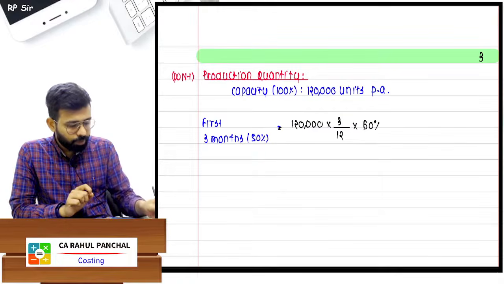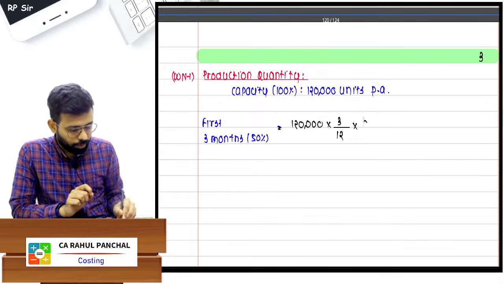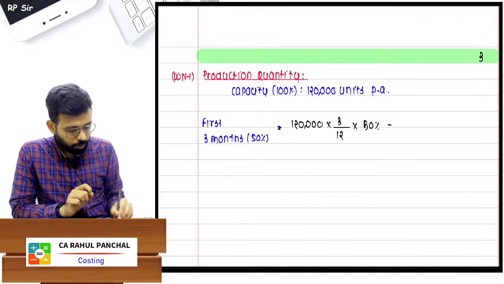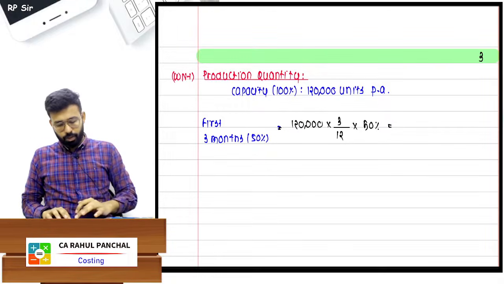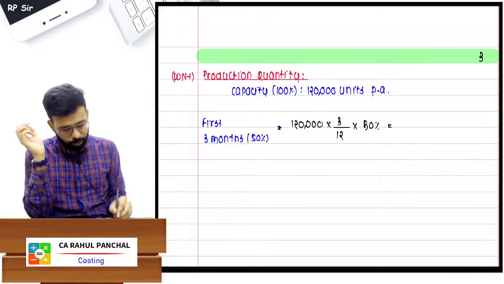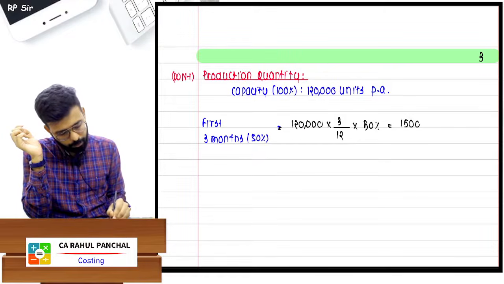But if you work at 50%, then into 50%. Your answer will be 1,20,000 into 3 by 12 into 50%. You are going to produce 15,000 units in the first 3 months.